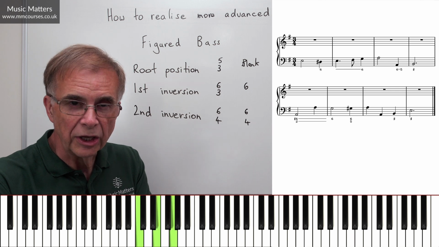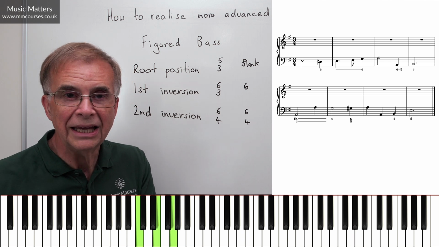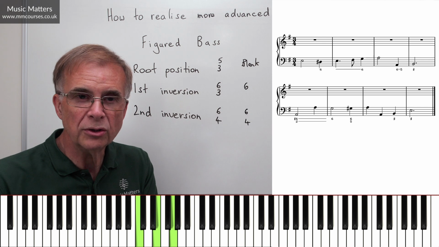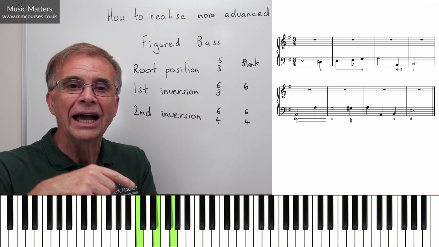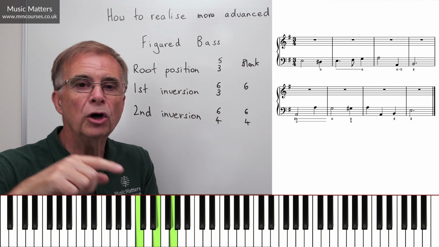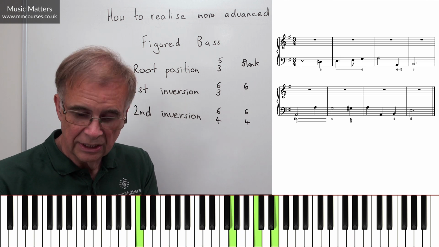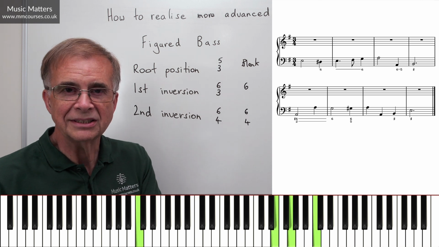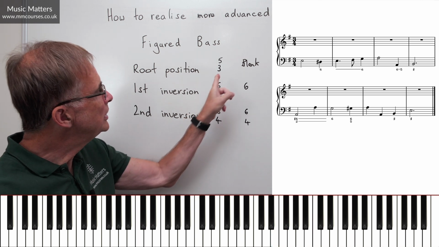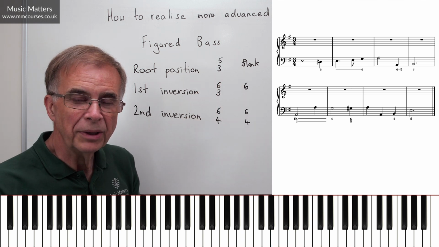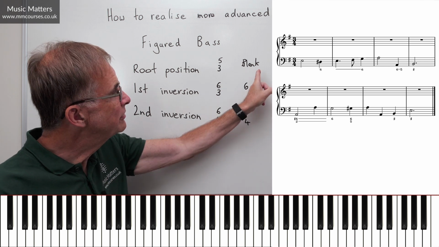Once I've got those notes, I can distribute them in any way I want to. So as long as I keep C in the bass, and I'm using E and G because they're 5 and 3, I can organise that chord in any way that takes my fancy. And when we use a 5-3 chord in figured bass, actually we leave it blank.